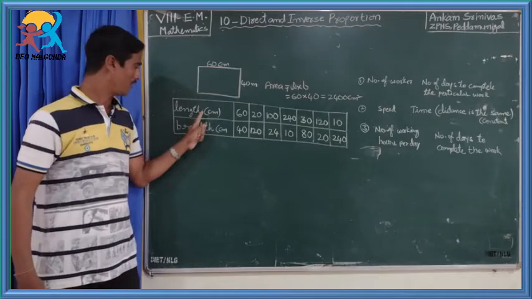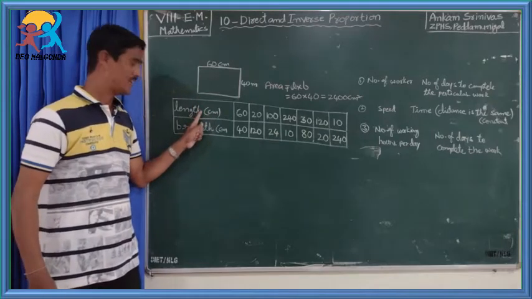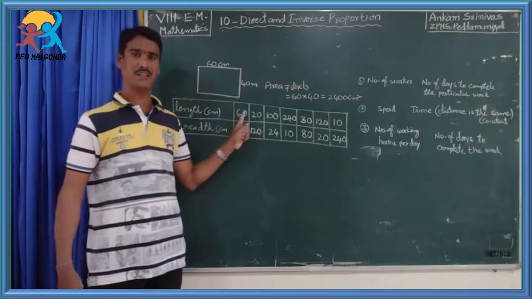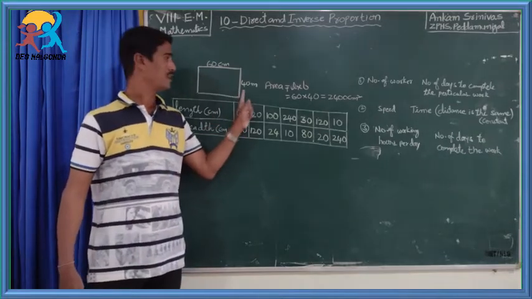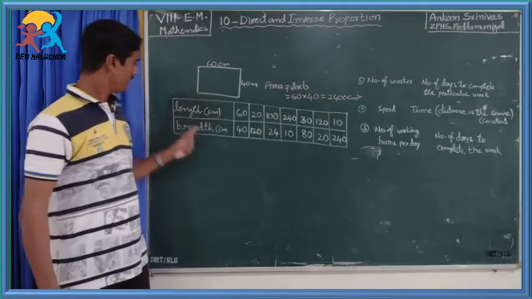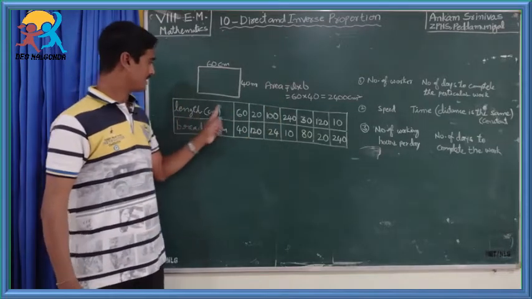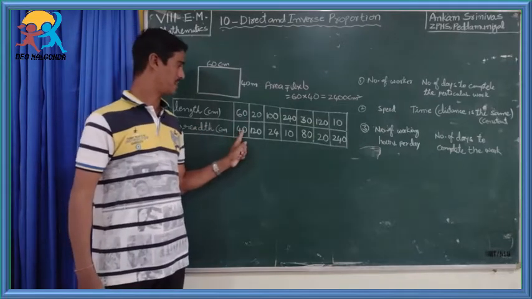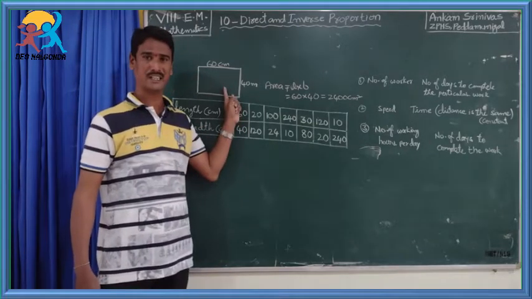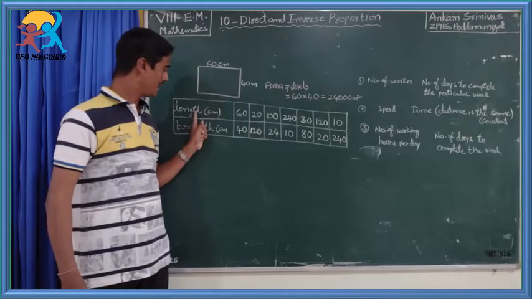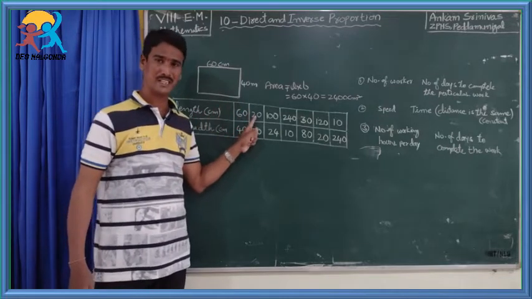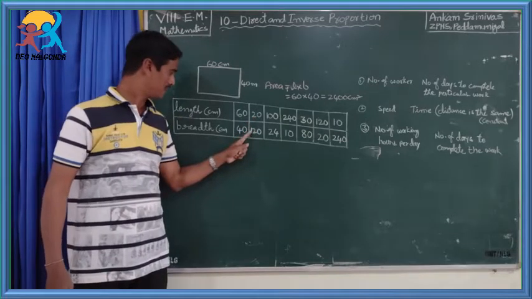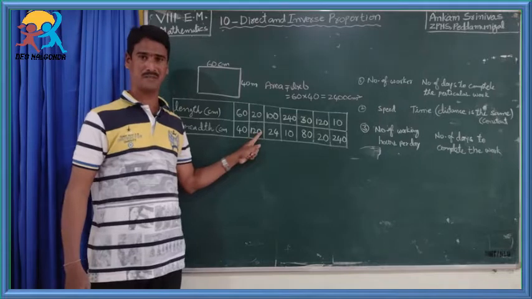Now I am going to write, with the same area, that means constant area of a rectangle, different lengths and breadths which have the same area. Here the length of the rectangle is 60 centimeters and breadth 40 centimeters, which we already had. If the length is 20 centimeters, the breadth becomes 120 centimeters.